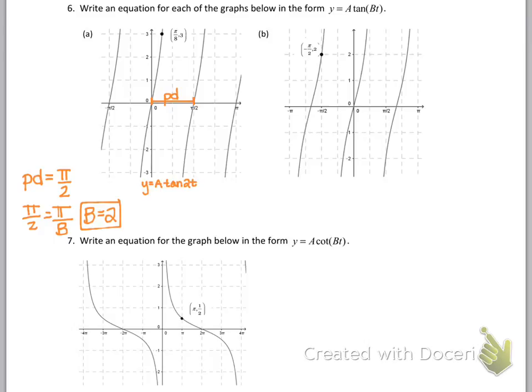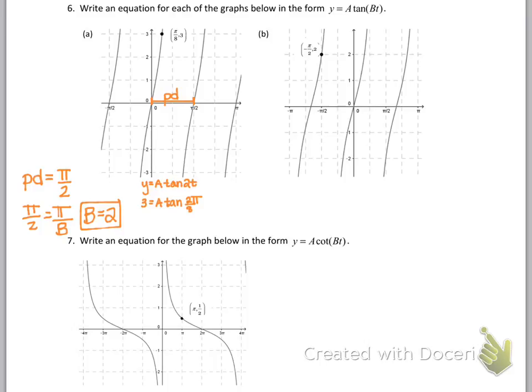Our output is 3, our input is pi over 8. So 3 equals a tangent of 2 times t. I'm sorry, t is pi over 8, so you have 2 pi over 8.